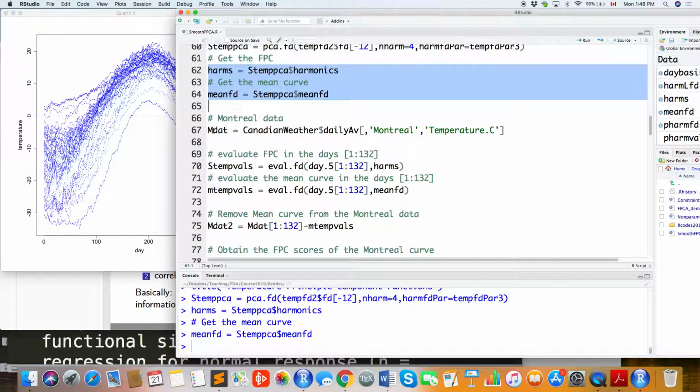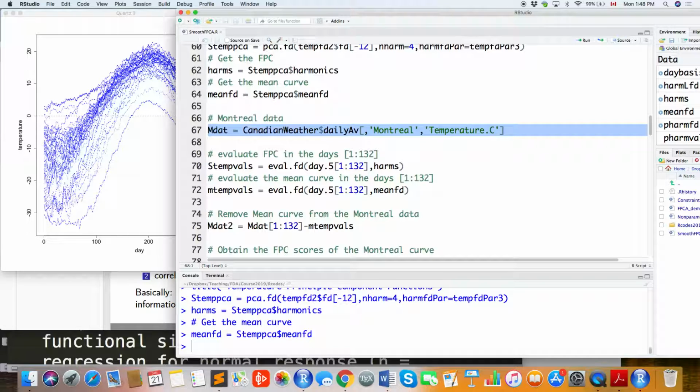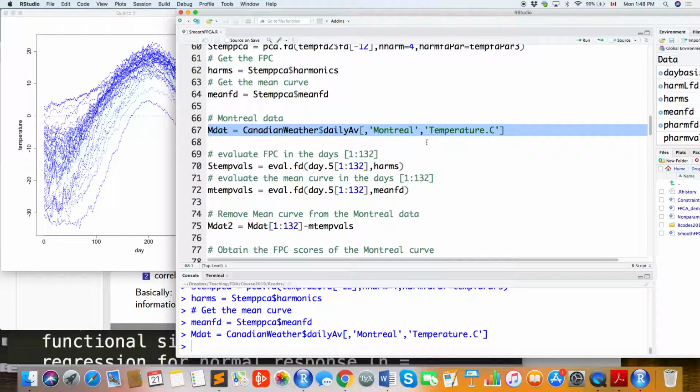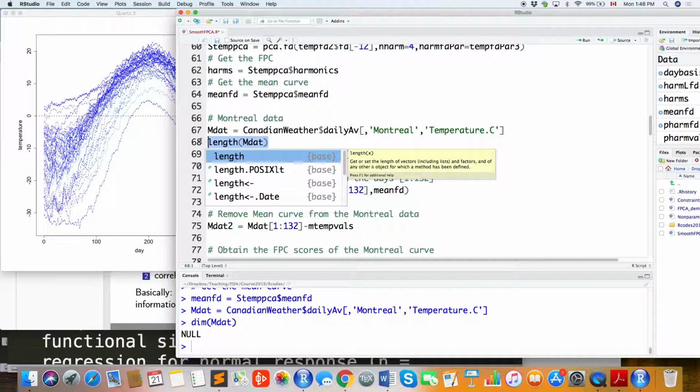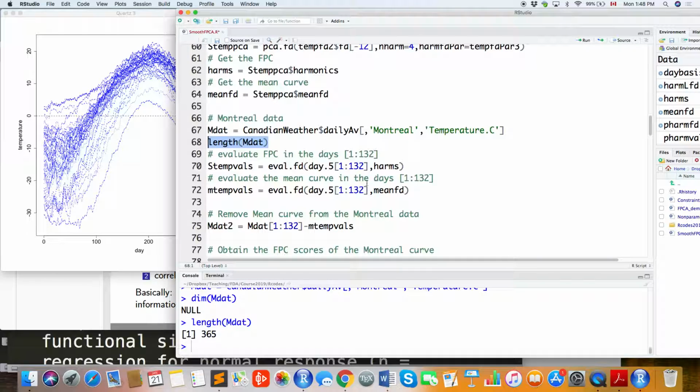So now we have the Montreal temperature data, right? This is the Montreal temperature data. If I look at the dimension of this Montreal data, this is the daily temperature data for Montreal.